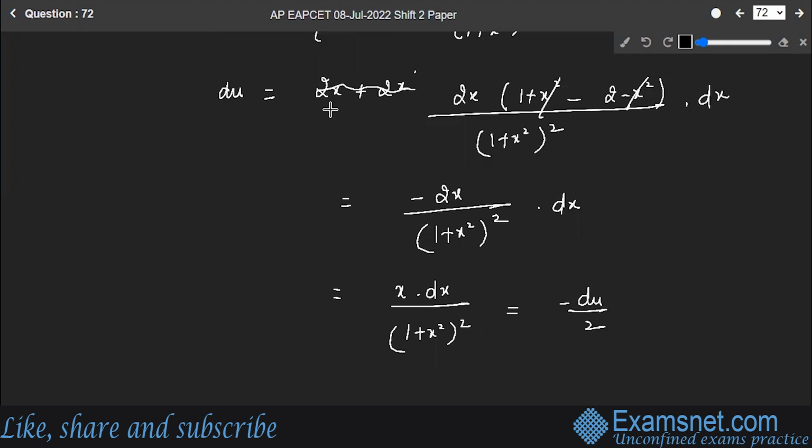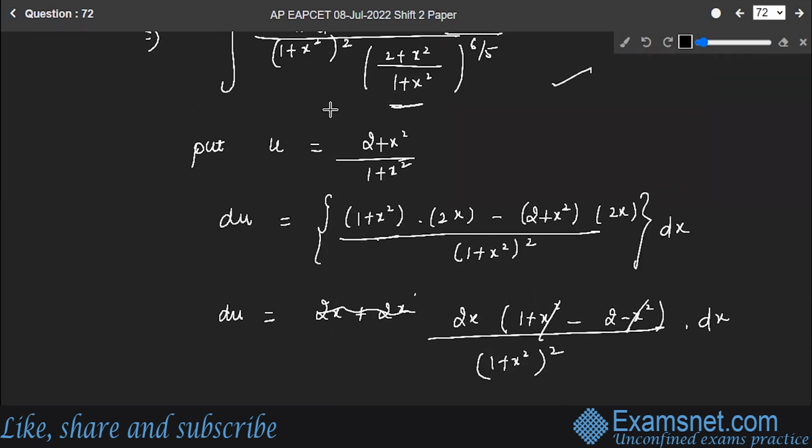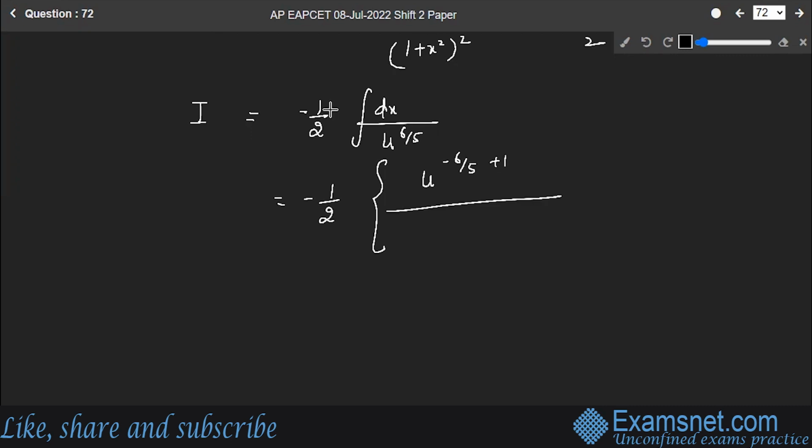Now, the integral, what we left over here, this one, this integral will become minus 1 by 2 integral of du upon u raised to power 6 by 5. So this is equal to minus 1 by 2 u raised to power minus 6 upon 5 plus 1, upon this, plus c.